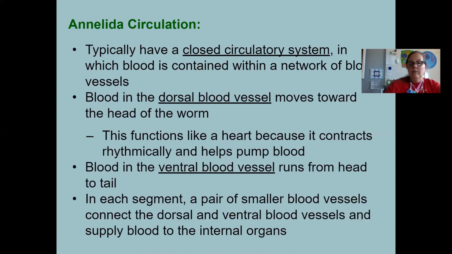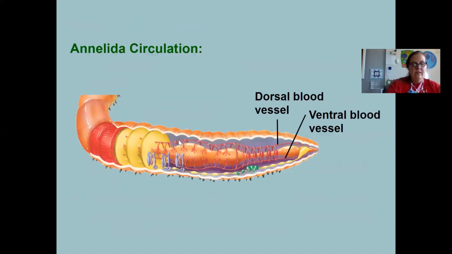And they run through the length of the worm. There's also in each segment a pair of smaller vessels that connect to the dorsal and ventral, and it helps that circulating. And you see this picture on slide 15, dorsal, ventral, and then some smaller ones.